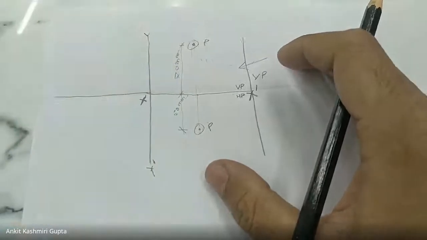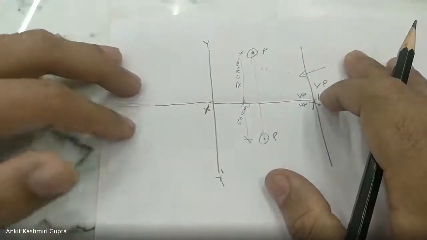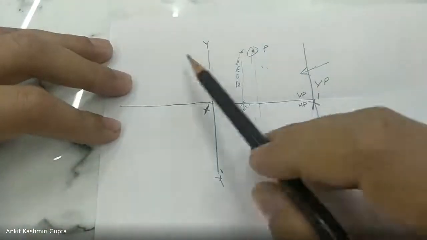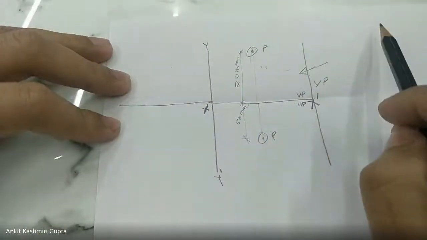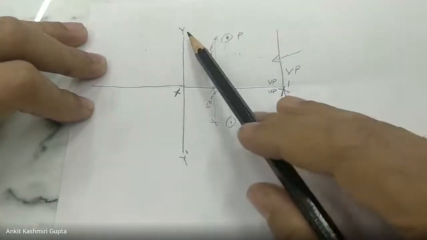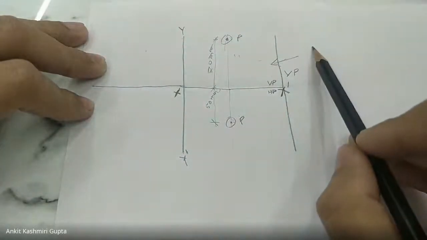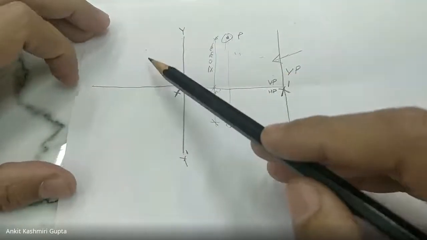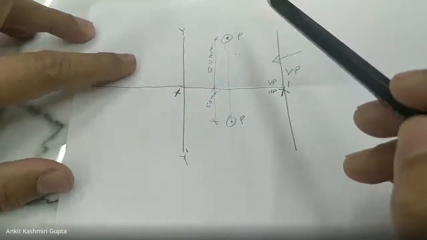It says that you also have to draw the side view. So my side view, I can give this as side view or this as side view. Both will be my side views. If I'm drawing something here, which side view will it be?